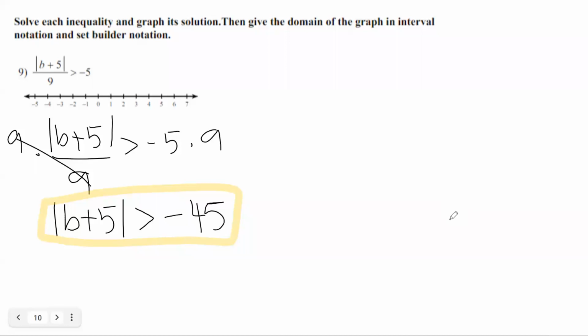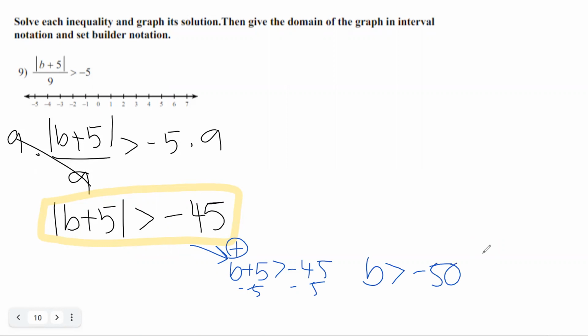We can split it into our positive side. b plus 5 is greater than -45. -5, -5. You get b is greater than -50, which is like way down here. Let's make this -50. And it says it's greater than. So we're shading all the way in this direction.